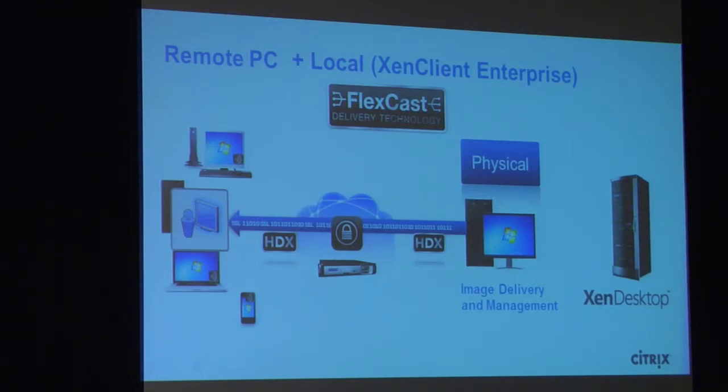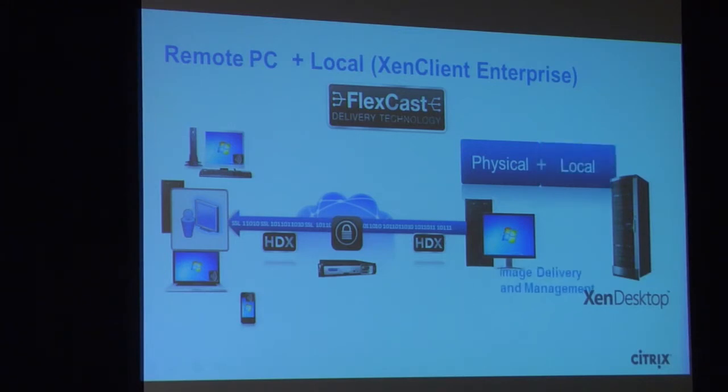I'm taking advantage of HDX technologies. I'm eliminating VPNs and so on. And I haven't really done anything to begin that process of migration, if you will, and ease of management. So my image delivery management still stays at the endpoint even though you've deployed Remote PC and your users are loving it. You want to be able to integrate that solution into a desktop delivery mechanism.